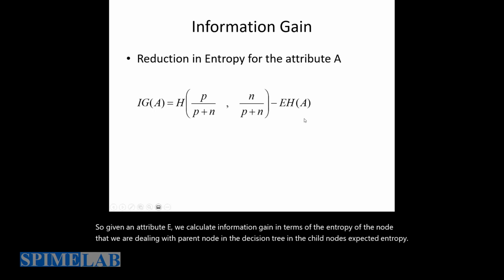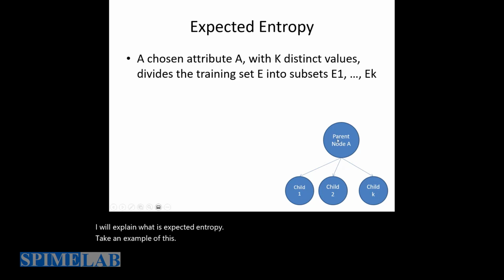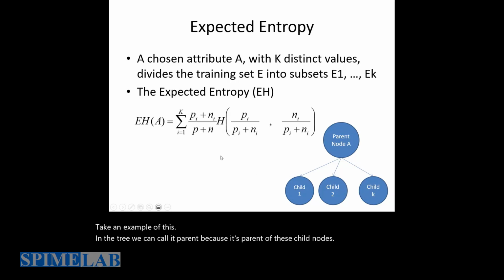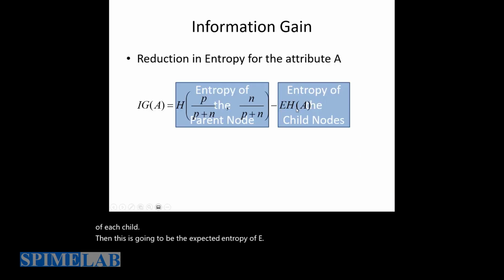I will explain what expected entropy is. Take an example of this node in the tree; we call it parent because it's the parent of these child nodes. The expected entropy will be for positive and negative examples. If we sum the entropy of each child, this is going to be the expected entropy of E. Subtracting the expected entropy from the entropy of the parent node, we get a number called information gain.